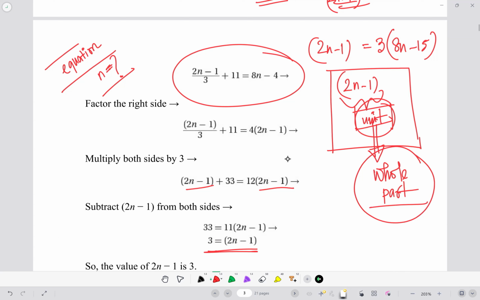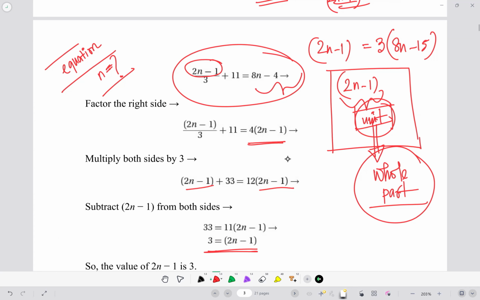So your goal should be to bring something like this to the other side. How will that be? Factoring. We're taking 2n minus 1 common and doing some factoring.